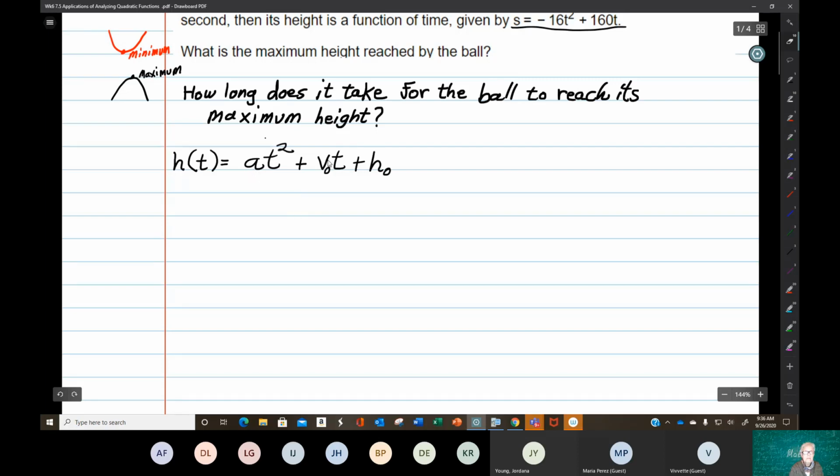V sub 0 is also called V naught. This little zero under here and under here means initial, or in the beginning. In math, initial means beginning.